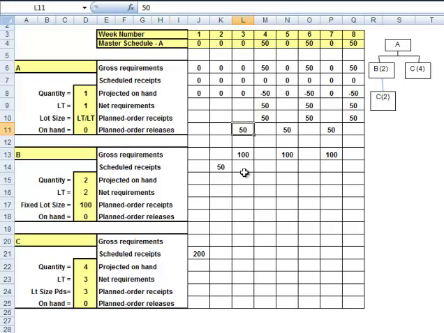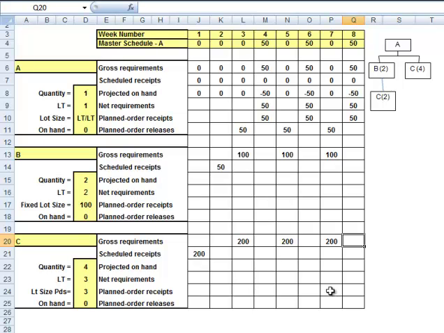So 50 times 4 is 200. So that means we have a gross requirement of 200 in time period 2. I have another gross requirement for another 200 in time period 5. Finally, I have another gross requirement for 50 times 4 in time period 7.